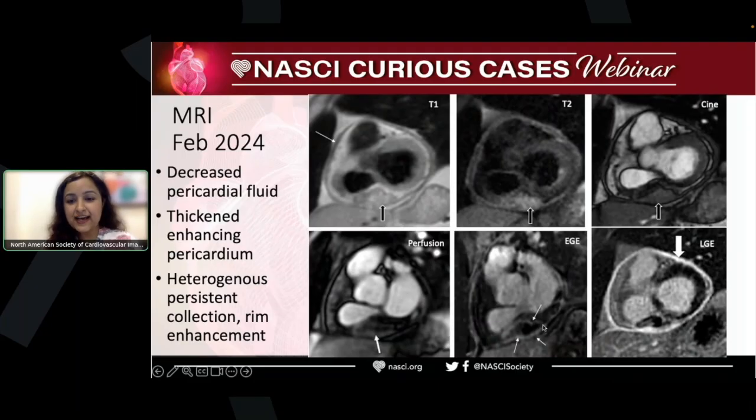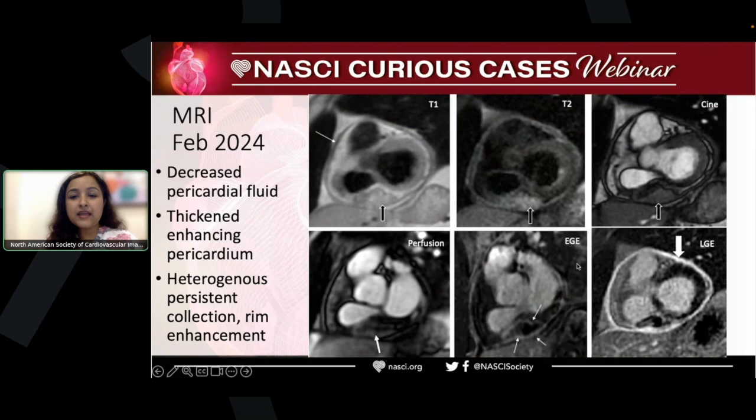And in the early gadolinium enhancement, you can see there is peripheral rim enhancement around this lesion. And in the delayed late gadolinium enhancement, you can see there is intense pericardial enhancement, as expected, as was seen on CT as well.